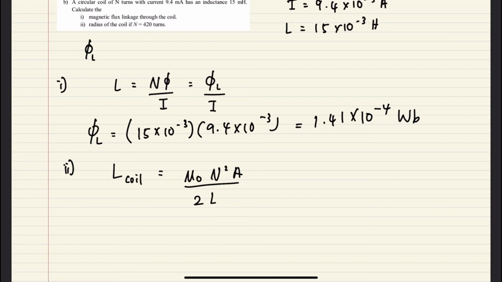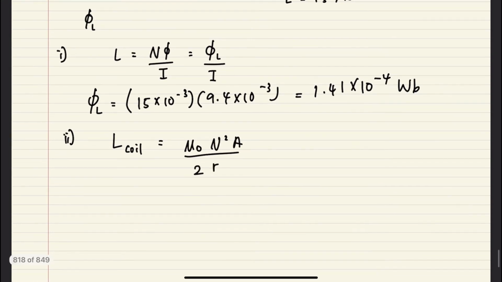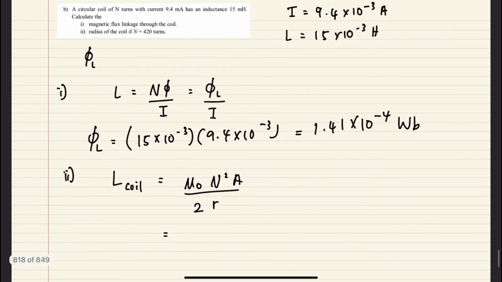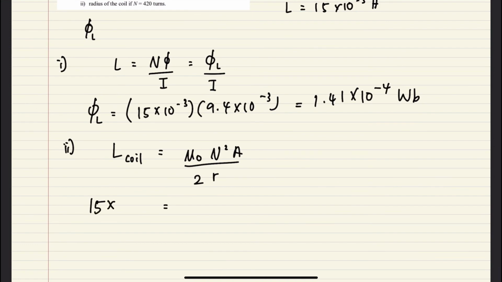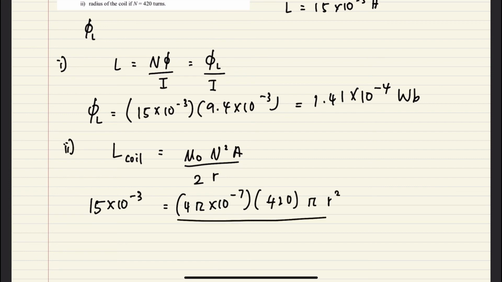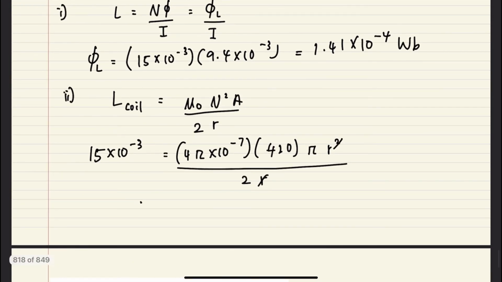Okay, so the formula is like this. Sorry, this one is not L, it's R. So L coil is equal to 15 times 10 to the negative 3 and 420, by R squared over 2R.